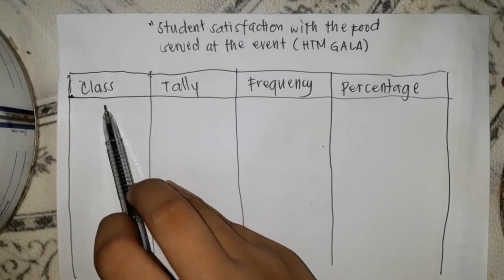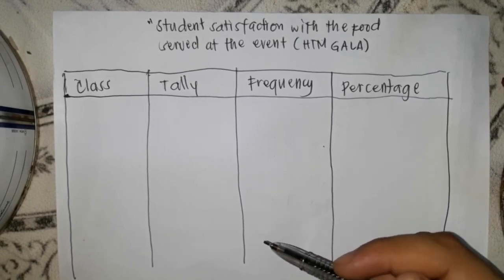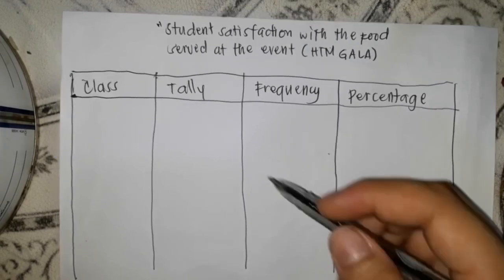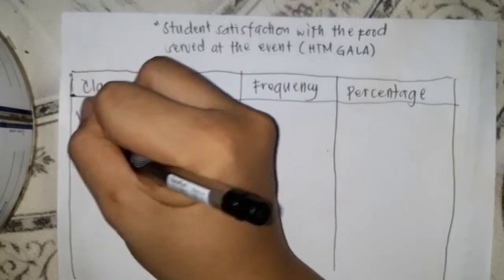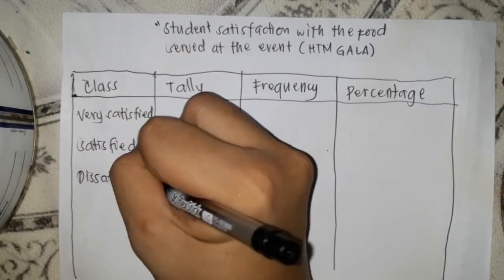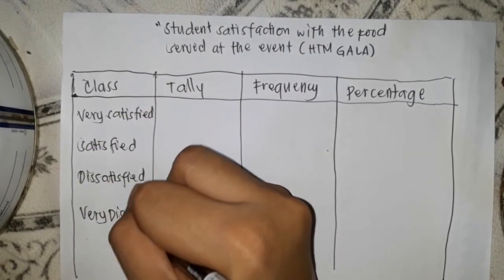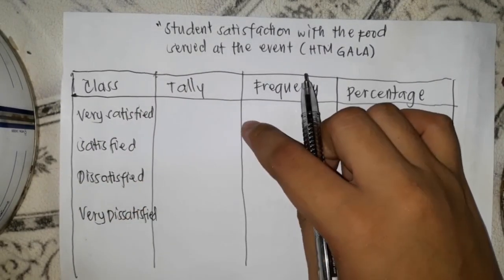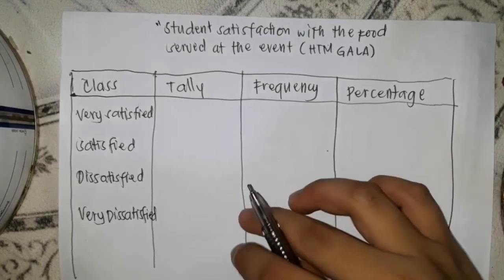Here in class, all you need to do is to put the Likert scales, which is very satisfied, satisfied, dissatisfied, and very dissatisfied. Here in Tally, all you have to do is to count the number of the responses in each class.